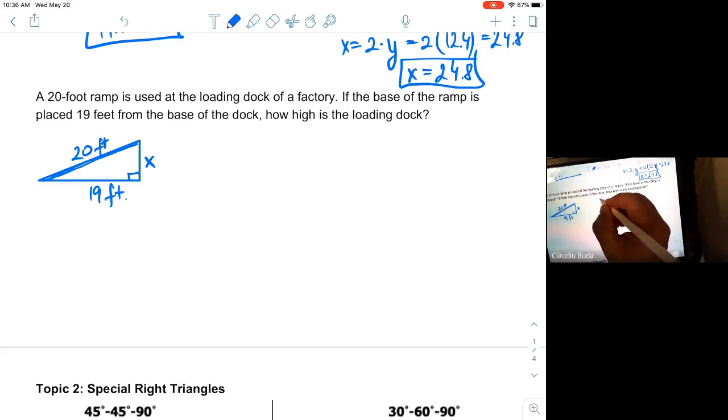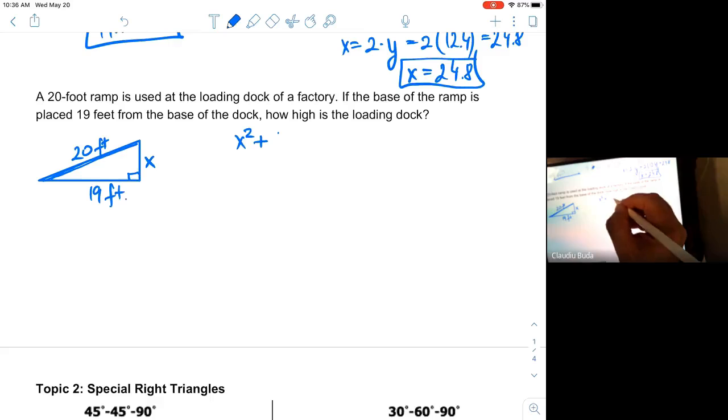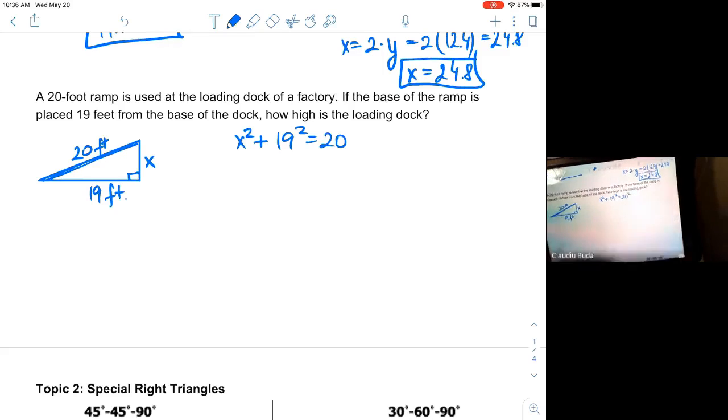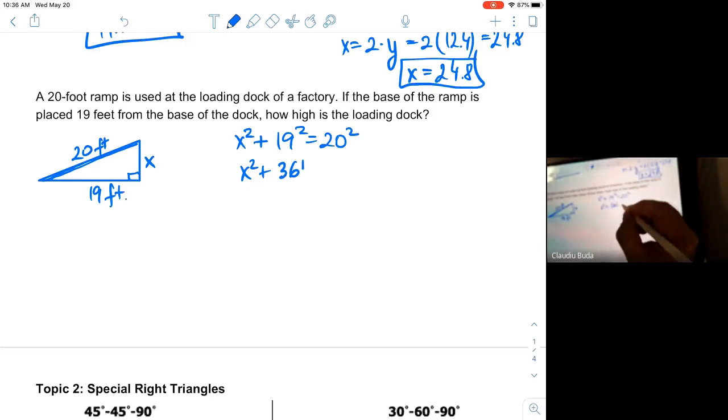So it's a right triangle, and we have x squared plus 19 squared, the other leg, equals the hypotenuse squared, which is 20 squared. X squared plus 361 equals 400.